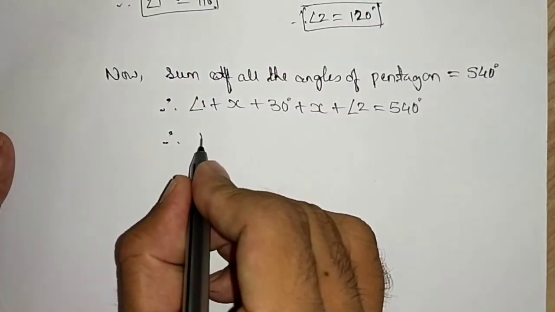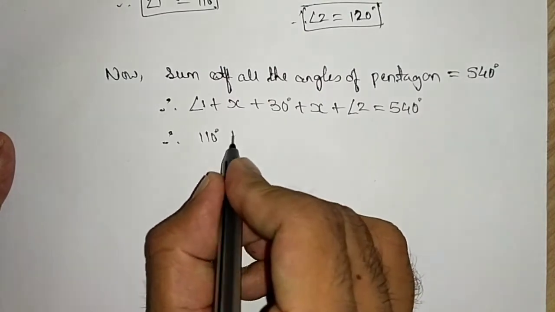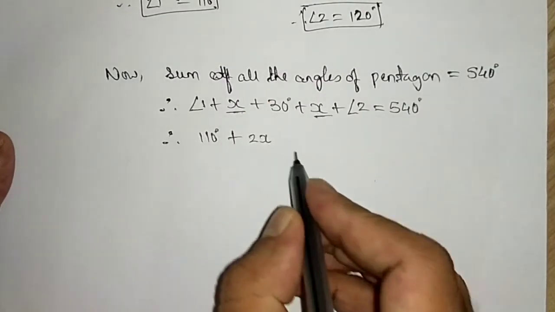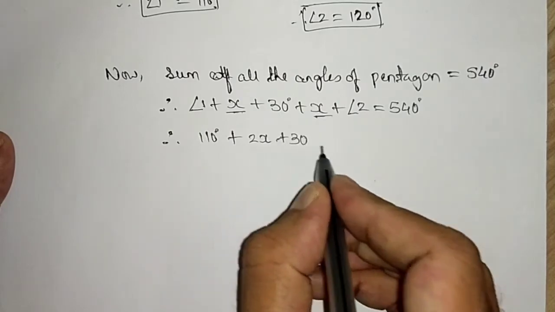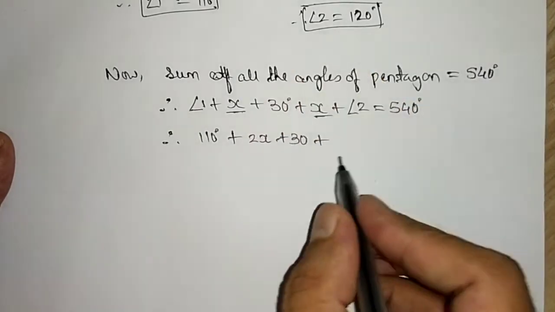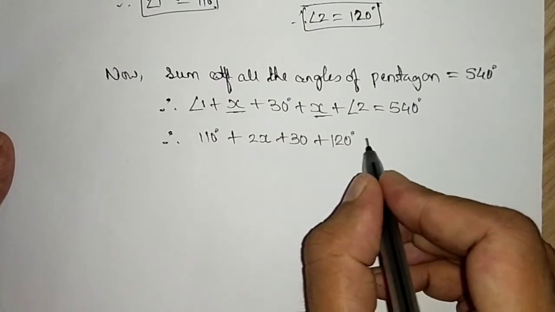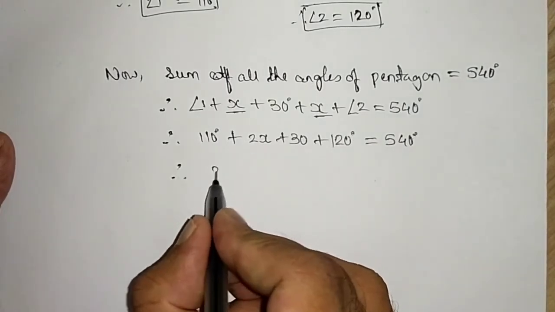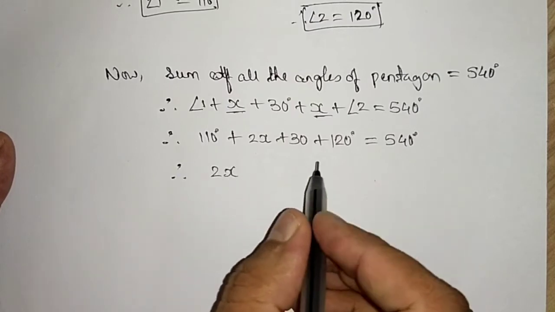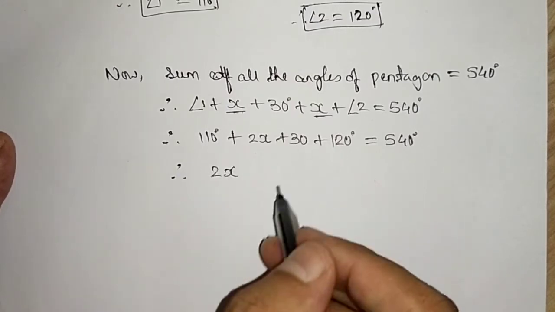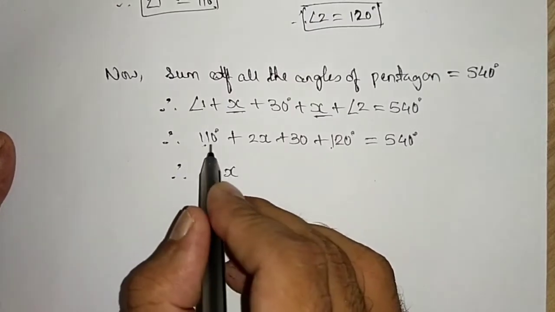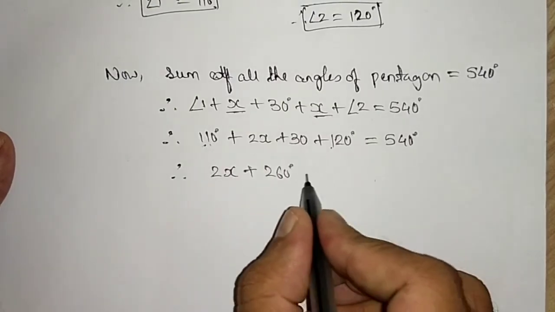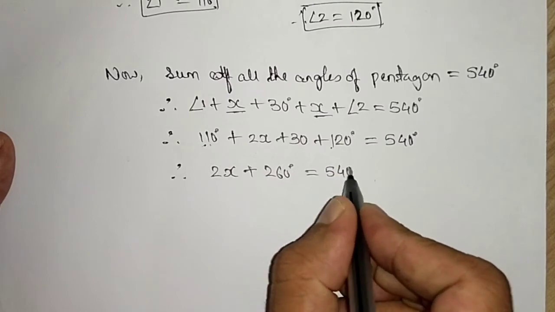Angle 1 we have 110, plus this x and this x will give us 2x, plus 30, plus angle 2 is 120 degrees, is equal to 540 degrees. 2x I will keep as it is and I will add these 3: 100, 200, 230, plus 30 will give me 260, is equal to 540 degrees.